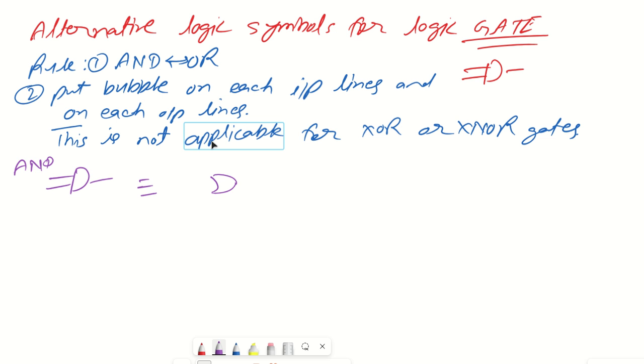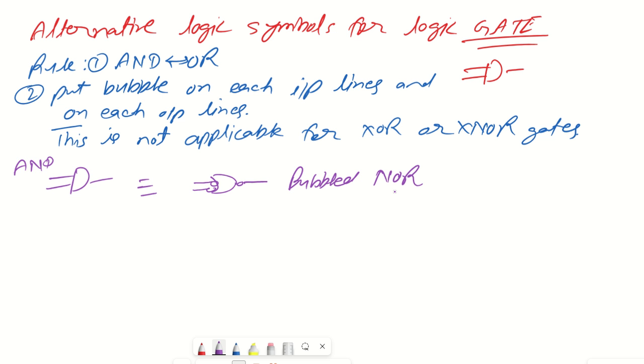So it will become like this and like this. So this is my bubbled NOR, okay. So the AND gate is actually this one. You can see this is a NOR gate with bubbled inputs. So this is a bubbled NOR.